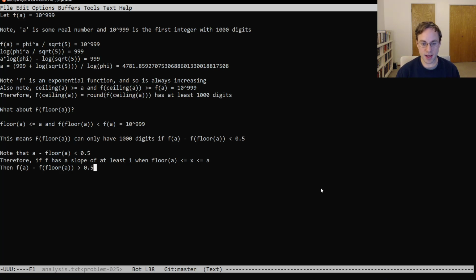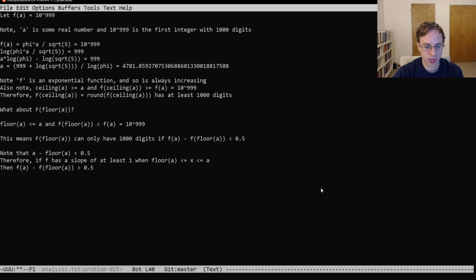Because we know that the difference in the x-axis is at least 0.5, if the slope is greater than 1, that means that the difference in the y-axis must also be greater than 0.5.